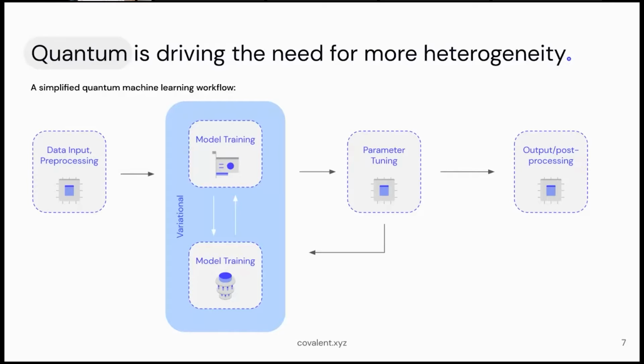Now, this becomes important if, for instance, you're doing something involving model training using a GPU. Suppose that your classical resources are using GPUs and you're making calls to a quantum computer, and you have this back and forth in the variational loop. What that means is that you're consuming lots and lots of GPU core hours just waiting in queue.